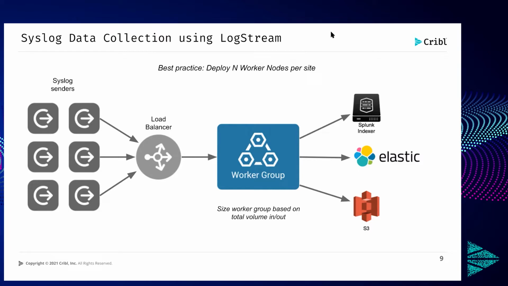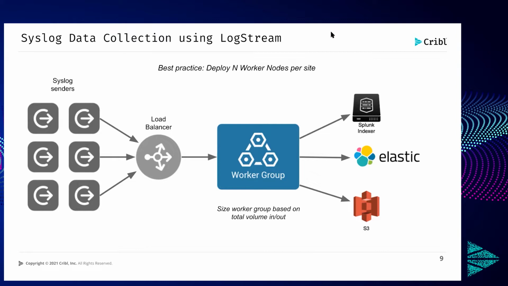But because of the way Logstream works, and the way load balancers work, and the way TCP works, there is a time when you have to shift from TCP to UDP, and that's when you have particular high volume senders. So for example, my Palo Alto firewall for one of my customers is sending about 700 gigabytes of data a day inbound to Logstream.